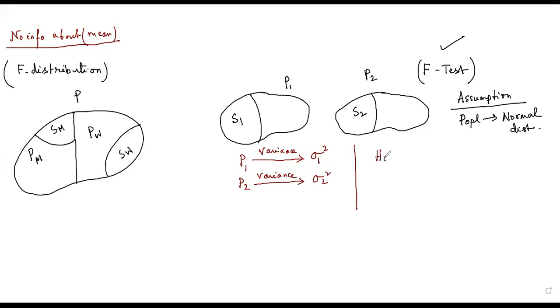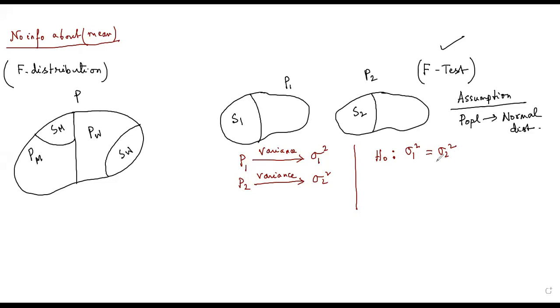Suppose I design my null hypothesis such that these two population variances, sigma 1 square and sigma 2 square, are the same. So if I draw the samples, their variance will be the same: the deviation of the points from the mean will be similar for both populations.